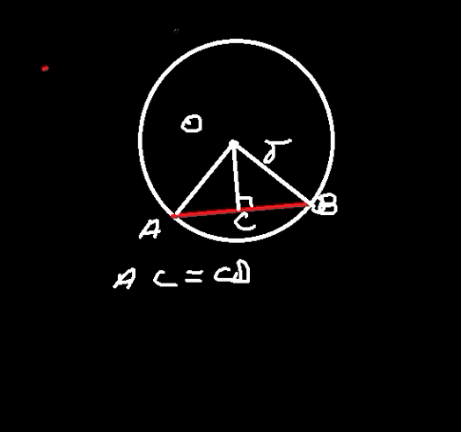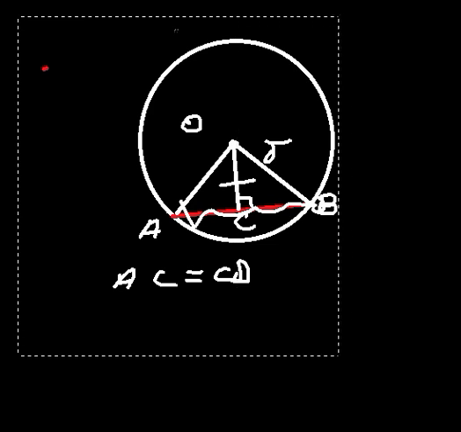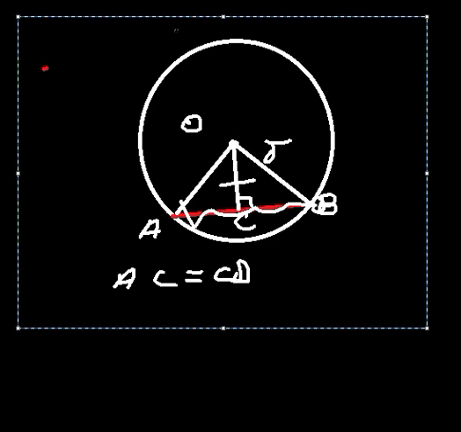So take note that a perpendicular bisector of a chord is drawn from the center of the circle.